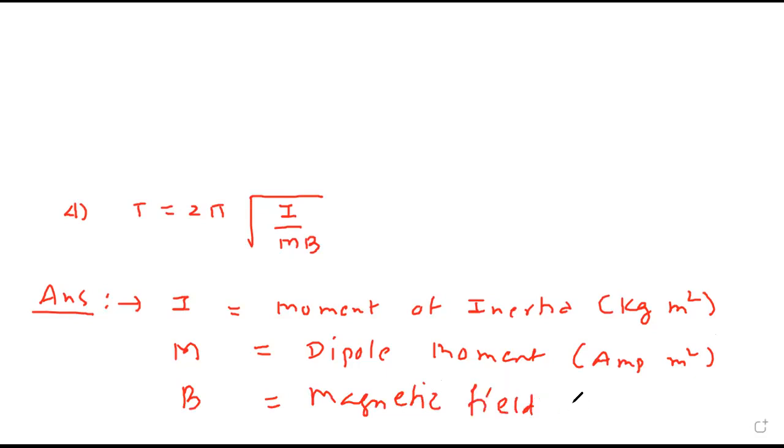Unit is Weber per meter square, but you don't need to remember the unit every time to get the dimension. I will remember the F equal to QVB concept. Once these three quantities are known to us by studying all the chapters, then this sum would be easy. Right now, yes, it was difficult. So now I gave you the meaning: I is moment of inertia with unit, M is dipole moment with unit, B with unit as well as formula.